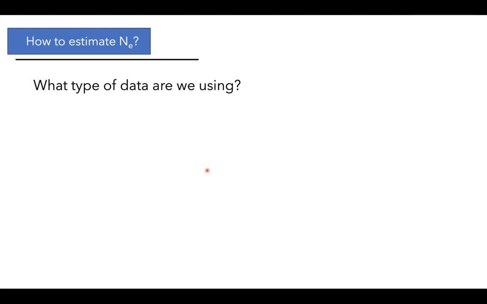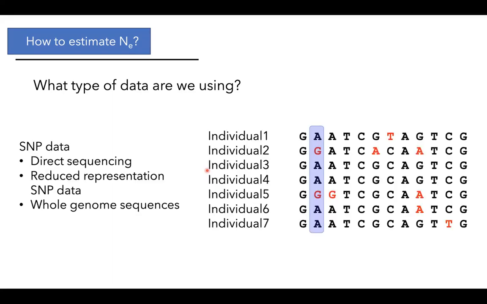Okay, so I do want to talk about what those data might look like and what different types of data might look like. So one overall category of data we might have is SNP data, right? Single nucleotide polymorphism data. And these can be generated in a number of different ways that are going to give you different scales of data, right?